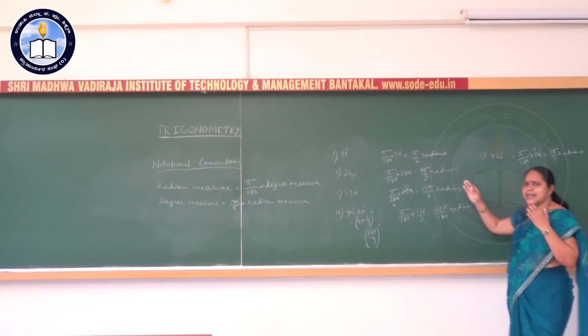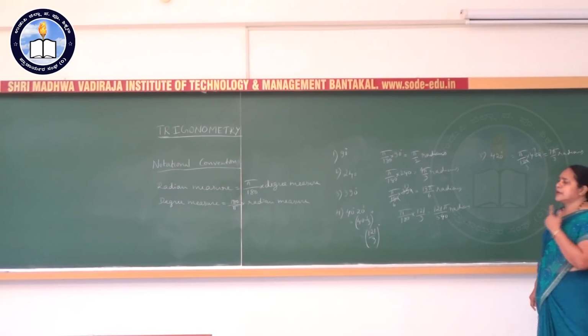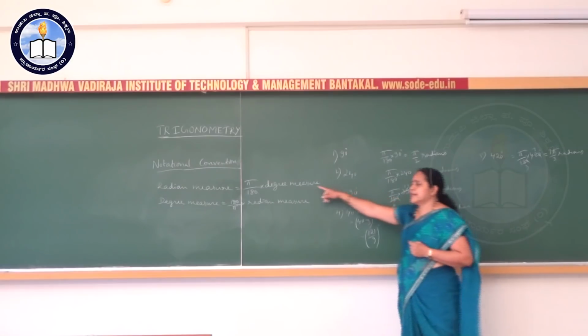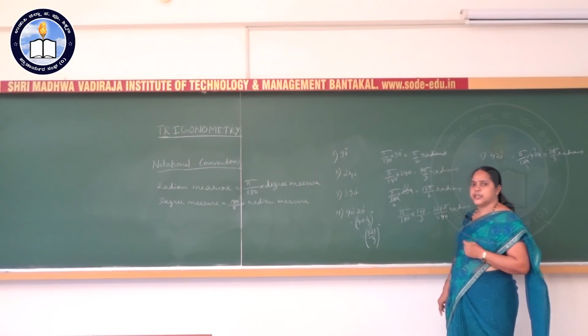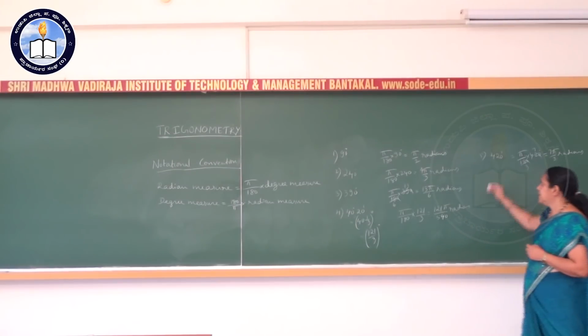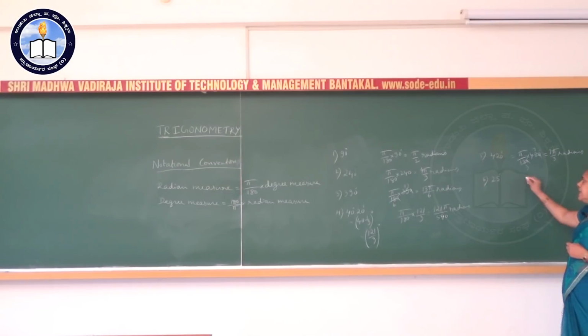So, given any angle in degrees, we can write its radian measure using the relation radian measure is equal to pi by 180 into degree measure. I will give some more examples. 25 degrees is equal to pi by 180 into 25, that's equal to 5 pi by 36 radians.